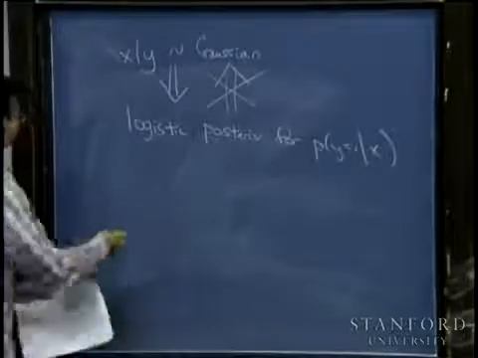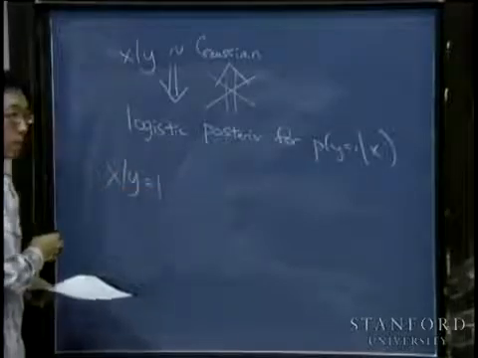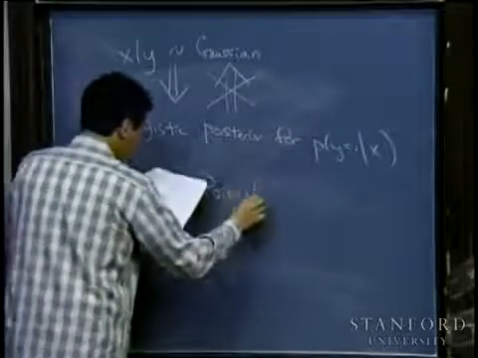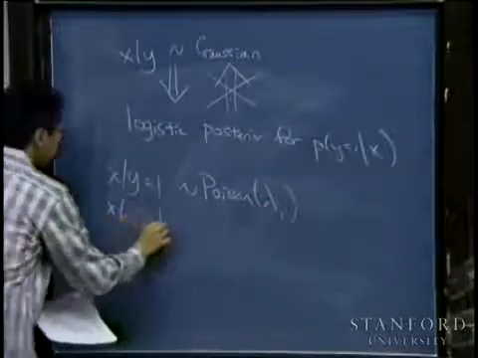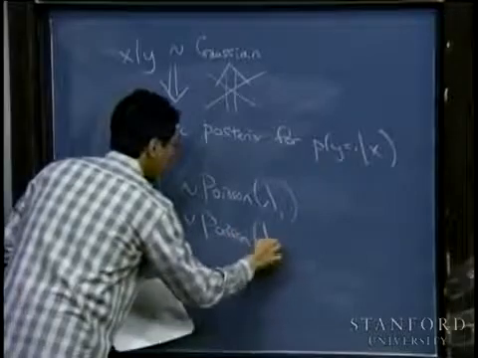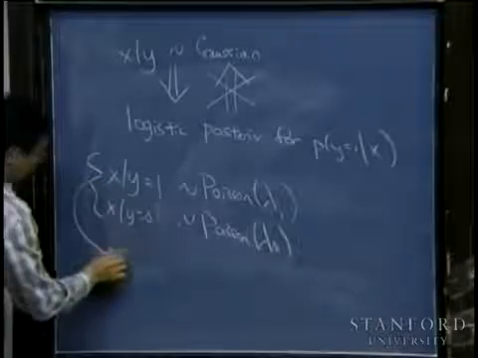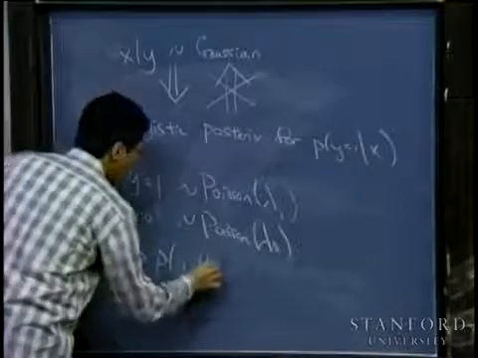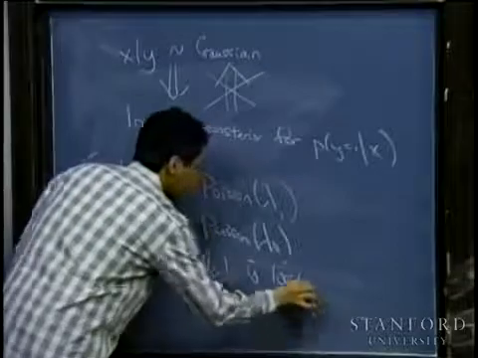In particular, this is actually kind of cool: if you assume that x given y equals 1 is Poisson with parameter lambda 1, and x given y equals 0 is Poisson with parameter lambda 0, then that also implies that p of y given x is logistic.